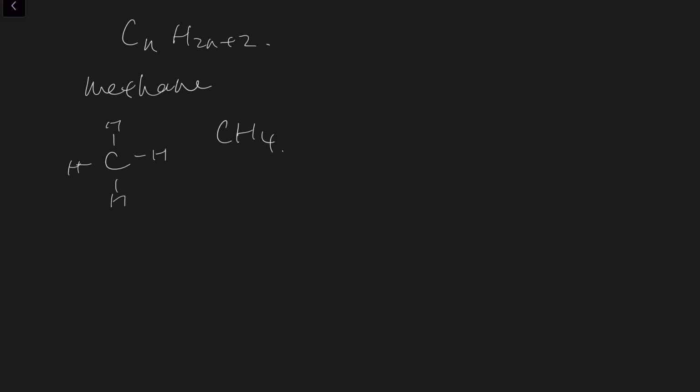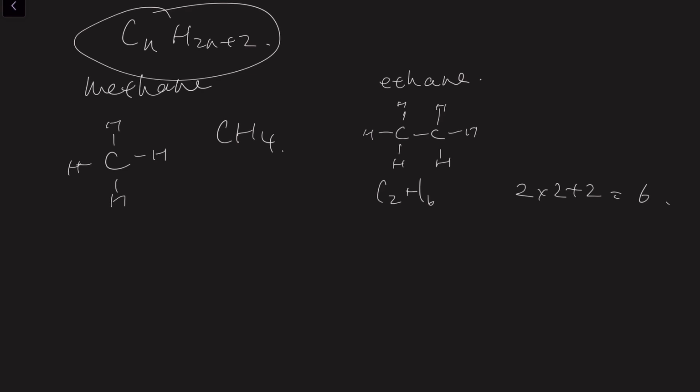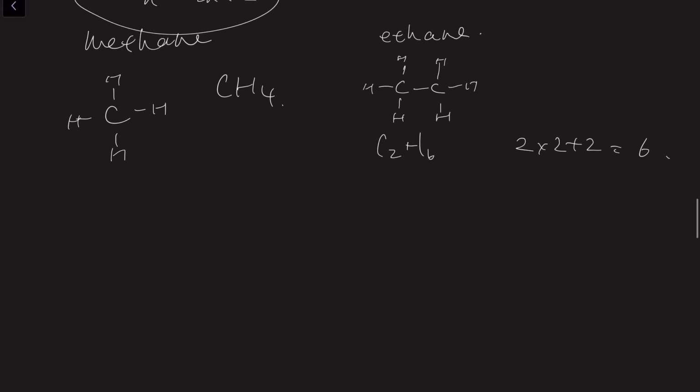And ethane has 2 carbons, so you have C2H6. 2 times 2 plus 2 is 6, and so on. So this is the general formula. And now let's draw pentane.